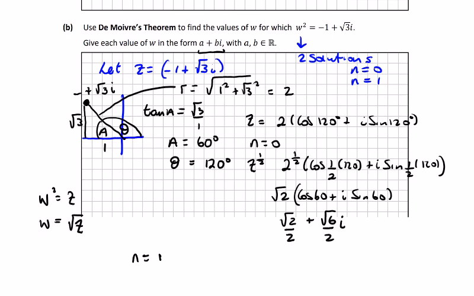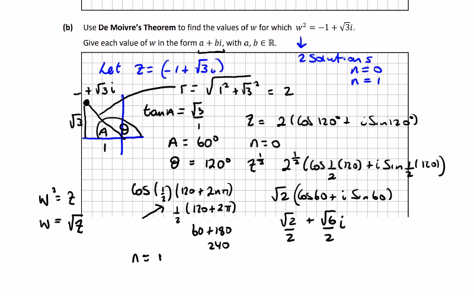So when n is equal to 1, we'll just do a bit of rough work, the cos of a half of 120 plus 2n pi. So 2n pi will be 2 pi, so it's going to be a half of 120 plus 2 pi. You should know the rule, if it's a half, you're going up by 180, so it's going to be the 60 plus the 180 to give 240.